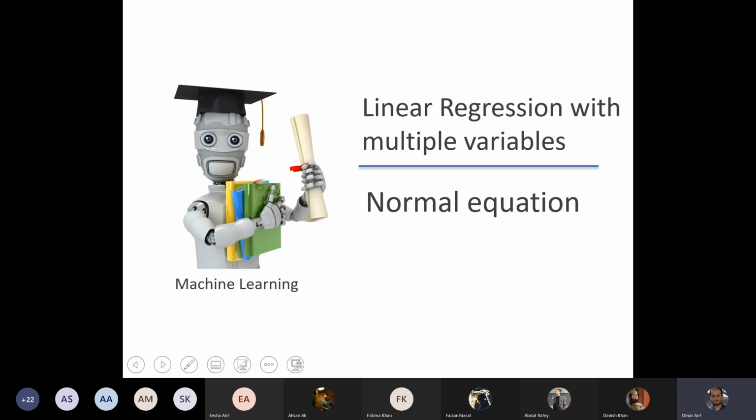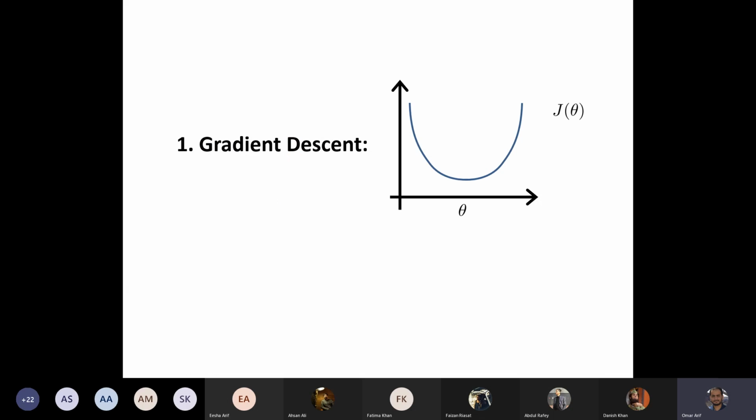Okay. So the normal equation is basically another way of optimizing or finding the theta parameters. Remember, in gradient descent, we do it iteratively. We start from some initial value of theta, and then depending on the gradient, we decide whether to increase or decrease theta, and we do that iteratively until we come to the optimal value where the slope, or the gradient, is 0.